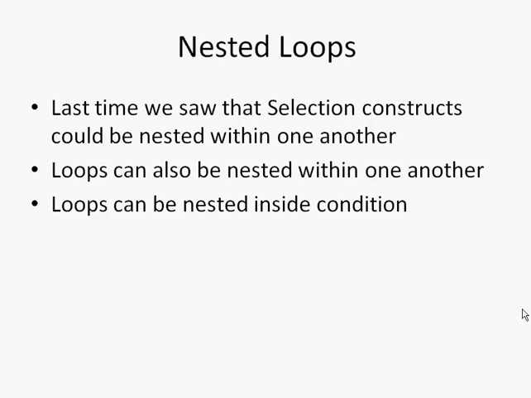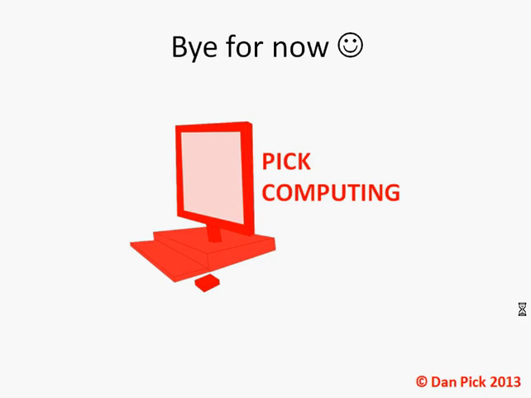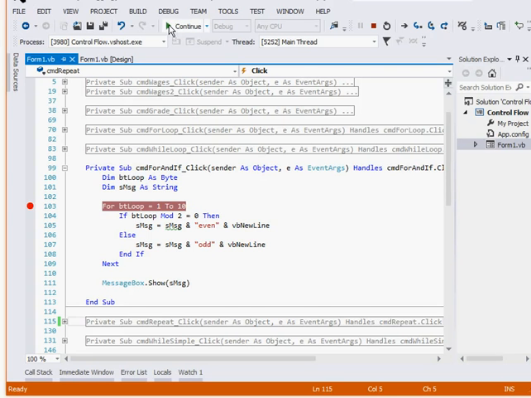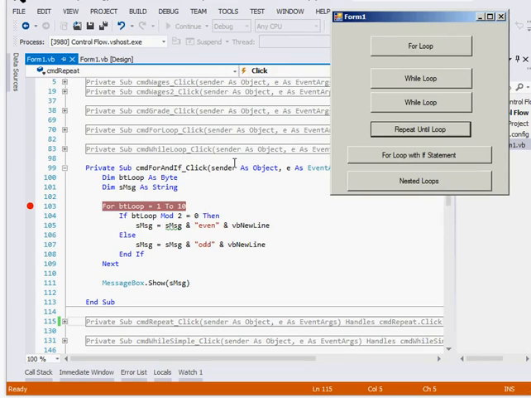Loops can be nested inside conditions, so you could have a loop inside an if statement, and conditions can be nested inside loops. So you could have an if statement or a select case inside a loop as well. So if we have a look at a couple of quick examples of that, I have code here for the button that says for loop with an if statement.